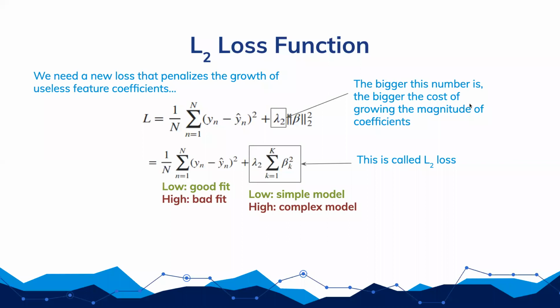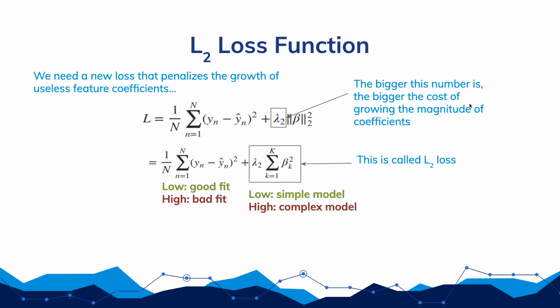It's the right side of the addition sign, and all it is is the square of the coefficients added up times some lambda, which is a parameter you set. It controls how strong the regularization strength is. And then you'll notice on the left side, that's just your normal mean square error for linear regression.